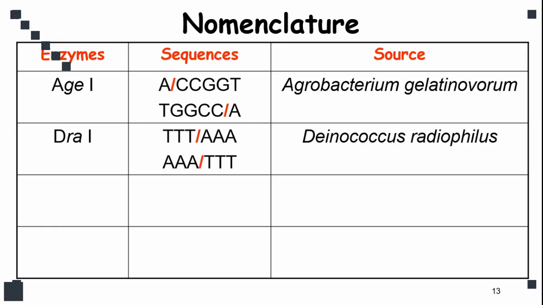You can see the sequence. So anywhere this sequence appears in a molecule of DNA, it will identify and cut it. And then the other one, you can see the source is Deinococcus radiophilus, and that's where DRA comes from: D from Deinococcus, and RA from radiophilus, and 1 the strain.